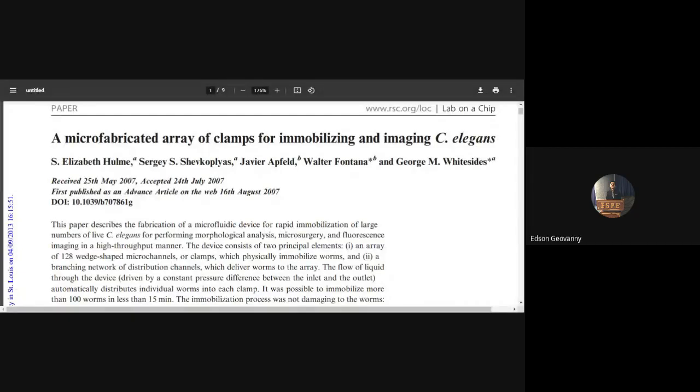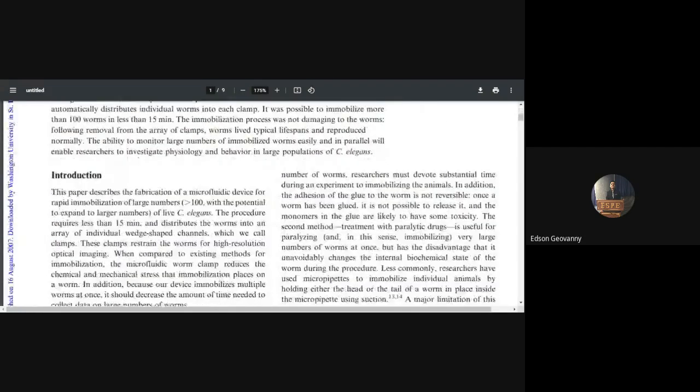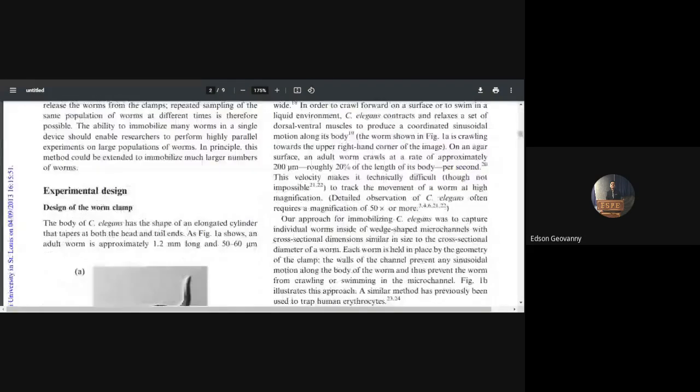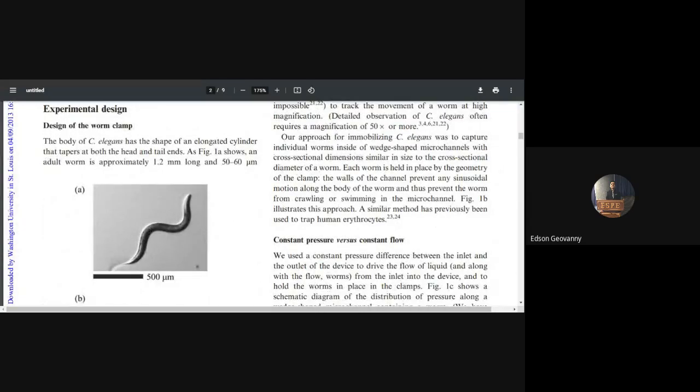This is my paper: microfabricated array of clamps for immobilizing and imaging C. elegans. This article describes the manufacture of a microfluidic device to immobilize worms.